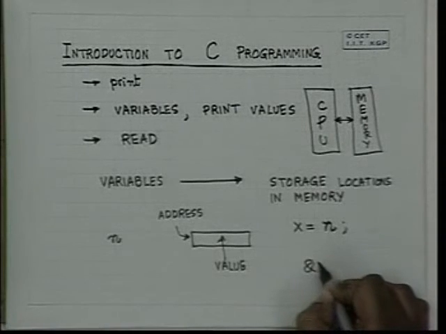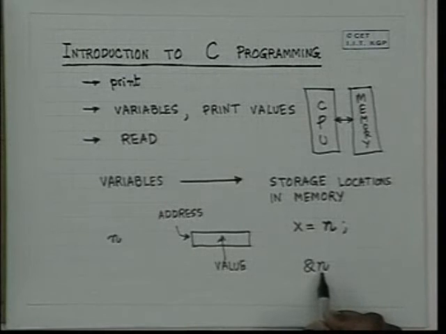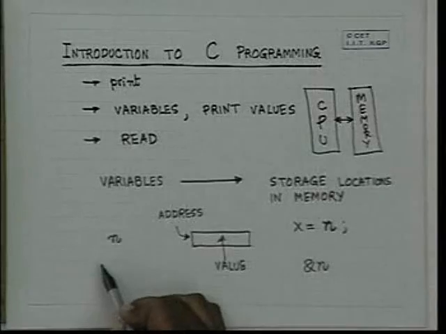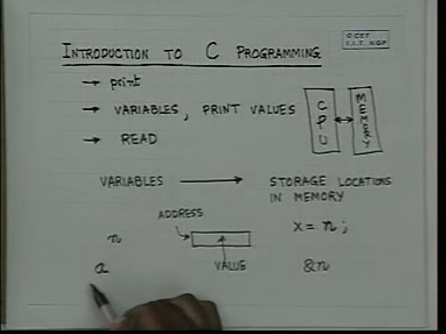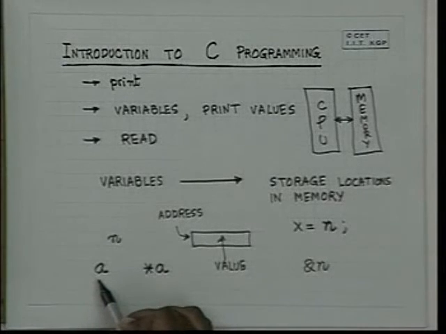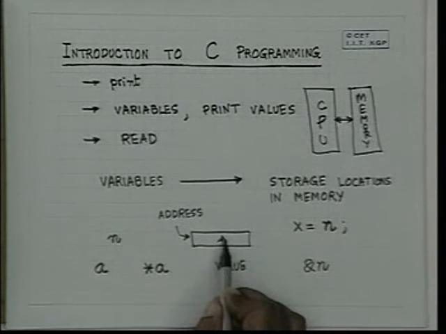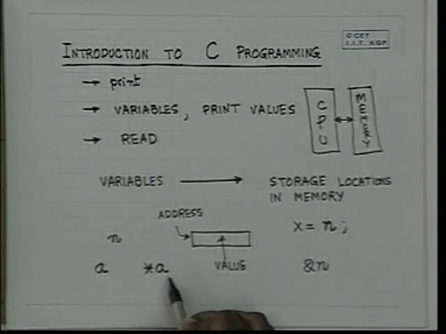Whenever we write &n, we mean the address location of the variable n. So &n means the address location of any variable n. And suppose somebody passes an address location a to you, and if you want to know the value of this address location, you write *a. So if a is an address location, if you want to find out the content or the value of that address, you write *a.